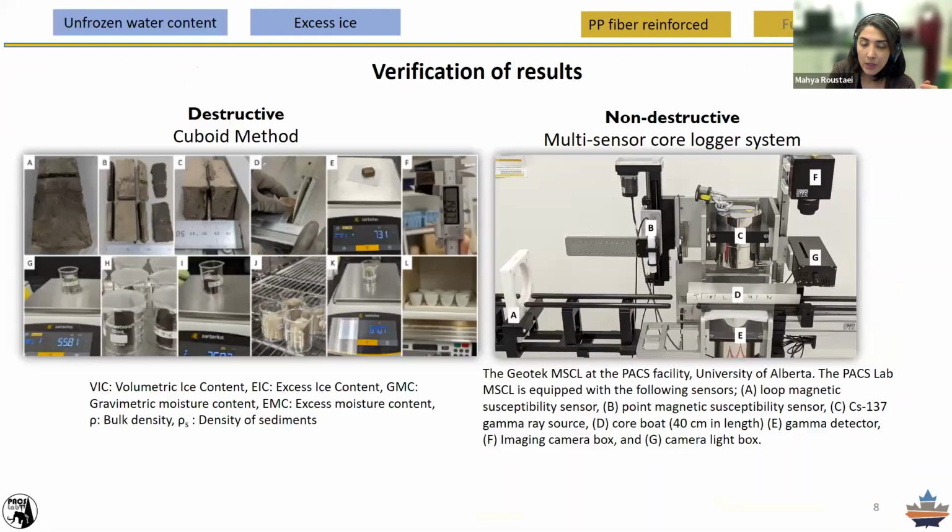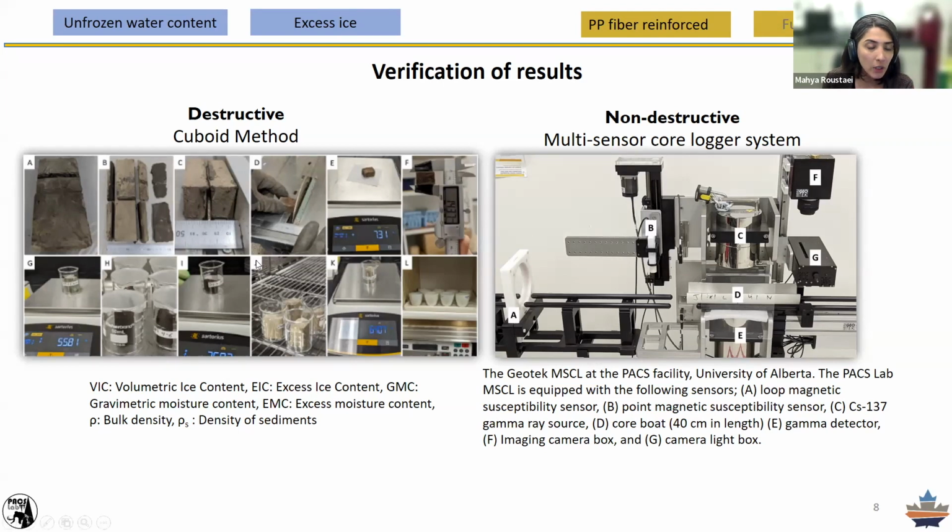So our purpose is to find a good non-destructive method for finding the best number for the excess ice. I used CT for the whole process of this project, but for verification of the results, I used the multi-sensor core logging system as a non-destructive method, and also used the cubic method as the destructive one.